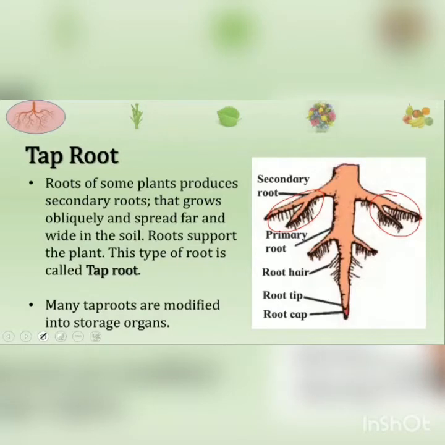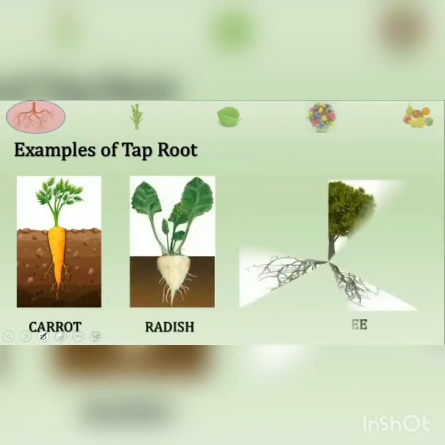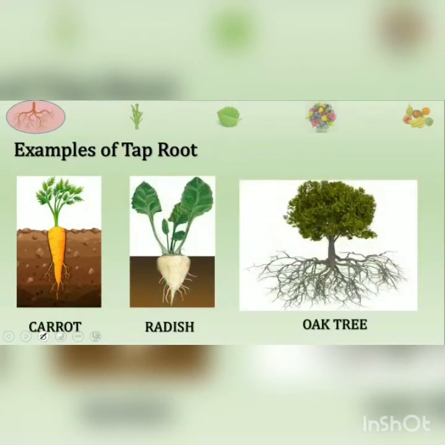Many taproots are modified into storage organs, which means they store food. Let us see the examples of taproot. First is carrot, next is radish, and last one is oak tree.